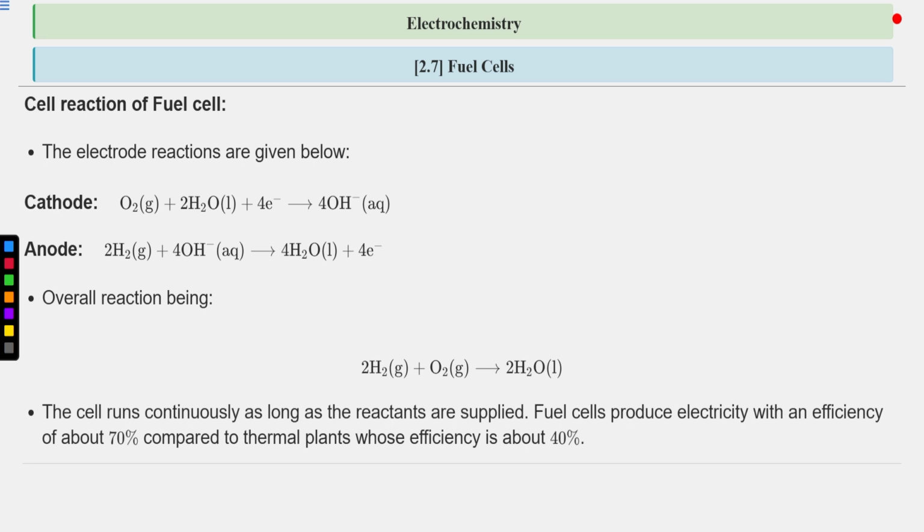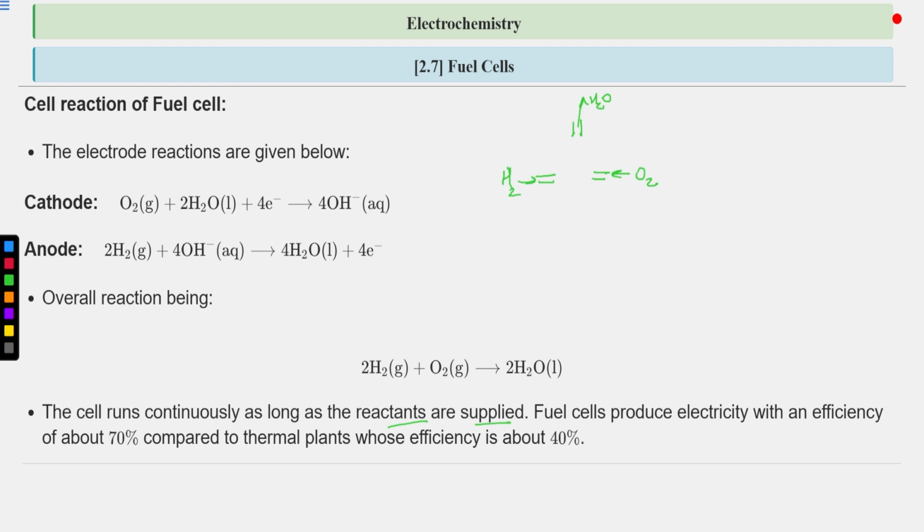The cell runs continuously as long as the reactants are supplied. We have seen the structure of the fuel cell where openings were there. From 2 openings, the oxygen and the hydrogen go inside the fuel cell, and through one opening the water molecule comes outside as a product of the fuel cell.